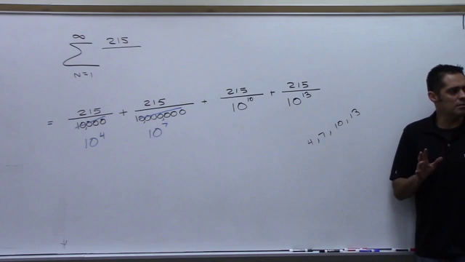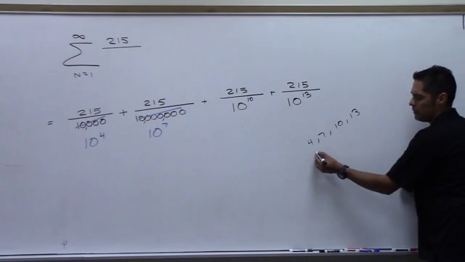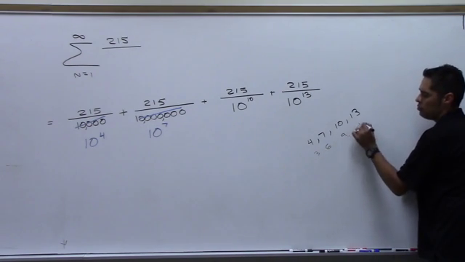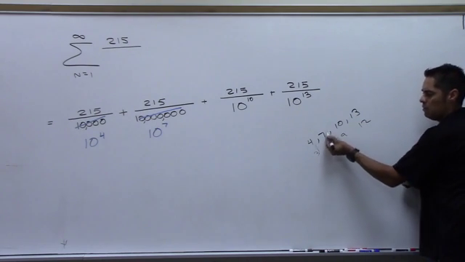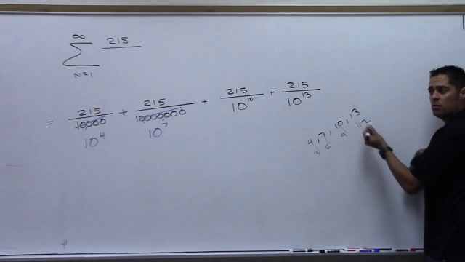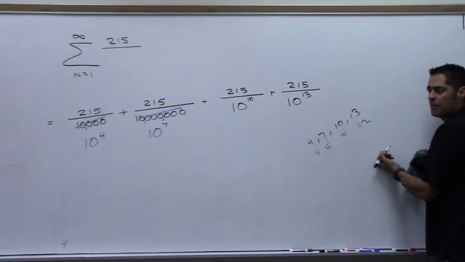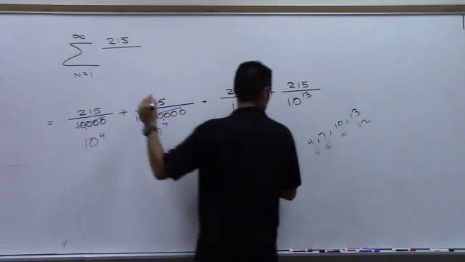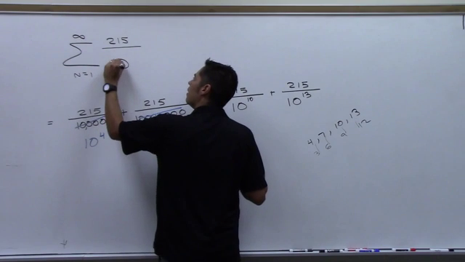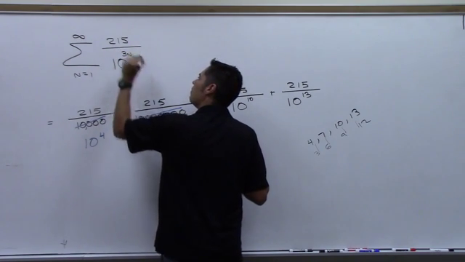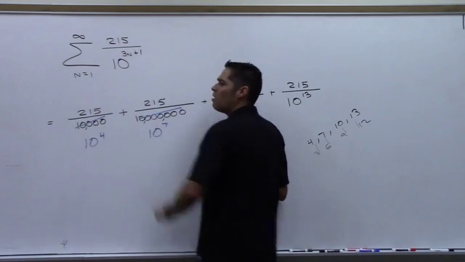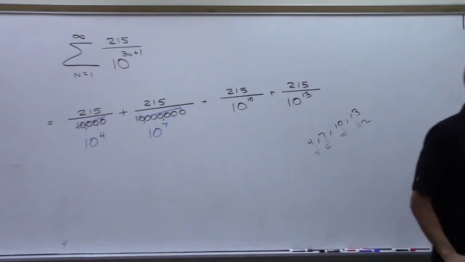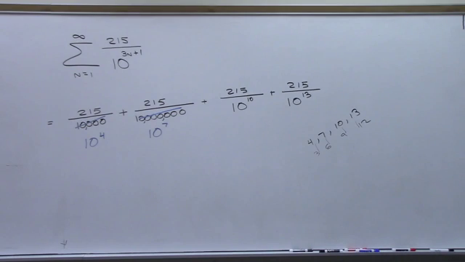They're not quite, though. 3, 6, 9, 12. These are all one more than a multiple of 3. So 10 to the 3n plus 1. It's hard to teach how to recognize that. You see it, though?